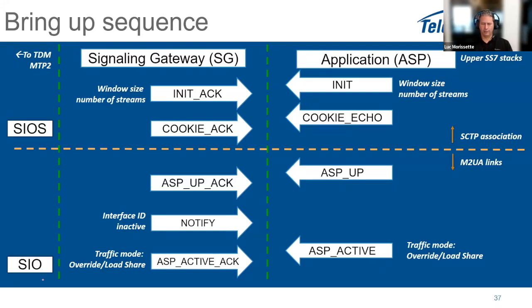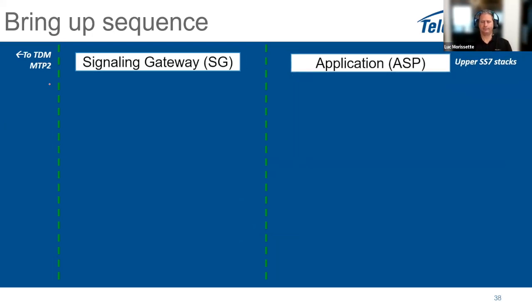Once we get this, we'll send the SIO on the MTP2 side. That means, okay, let's try to put this link in service. Once we have these links set up, then we'll get notified that the interface ID is active. It could be one interface ID or it could be a list.